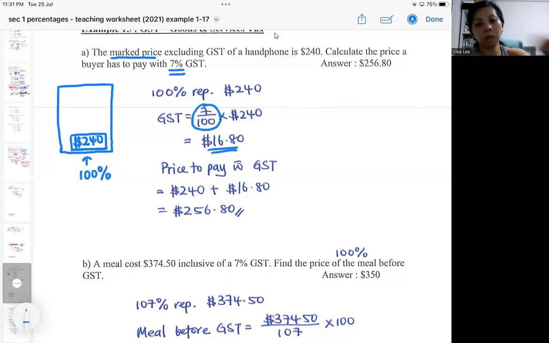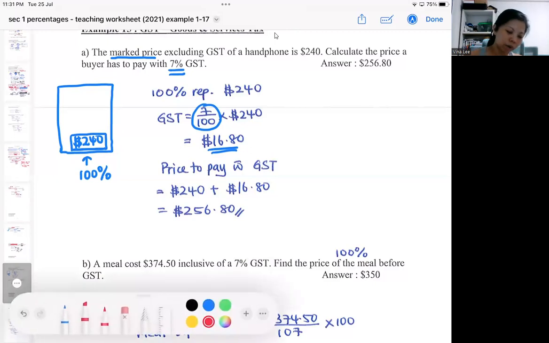So the government taxes you on this item. So the $16.80 doesn't go to the person selling the handphone. The $16.80 goes to the government. So eventually the price that you actually pay will be the original price and the $16.80. So that's how we got this amount.